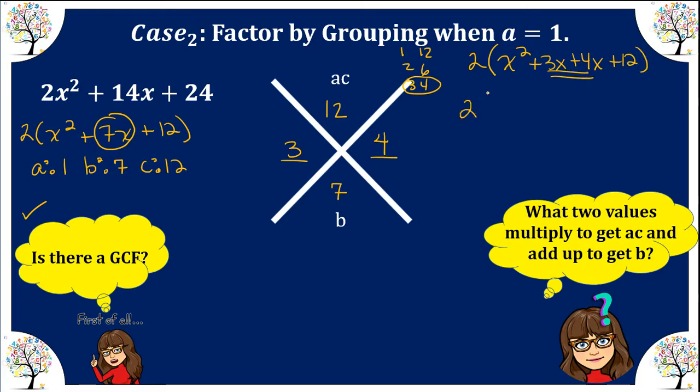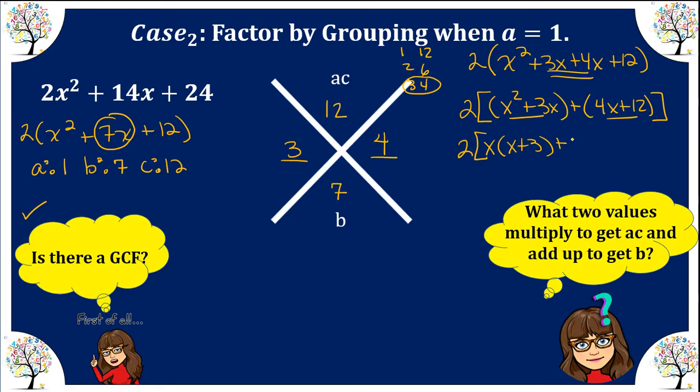Now we're going to group. I'm going to group the first two terms and the last two terms. We're going to factor out the GCF of each binomial. The first binomial has a GCF of x.